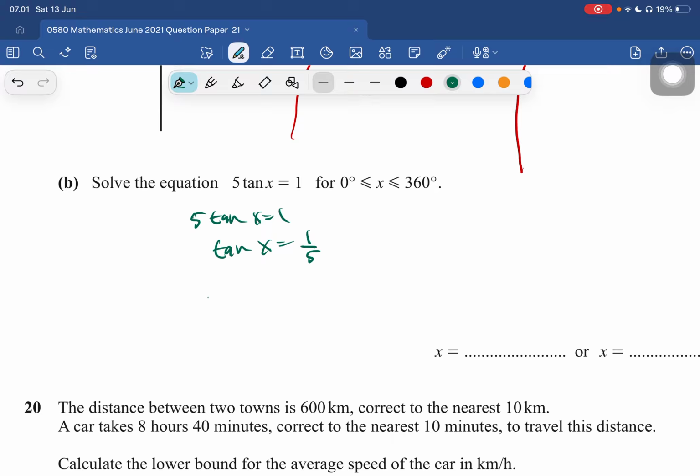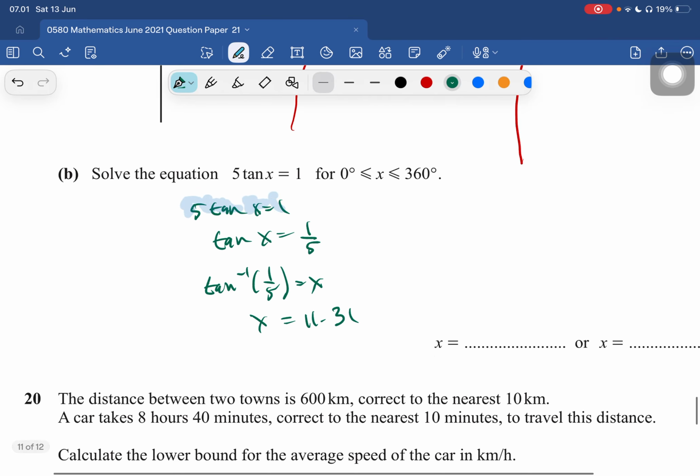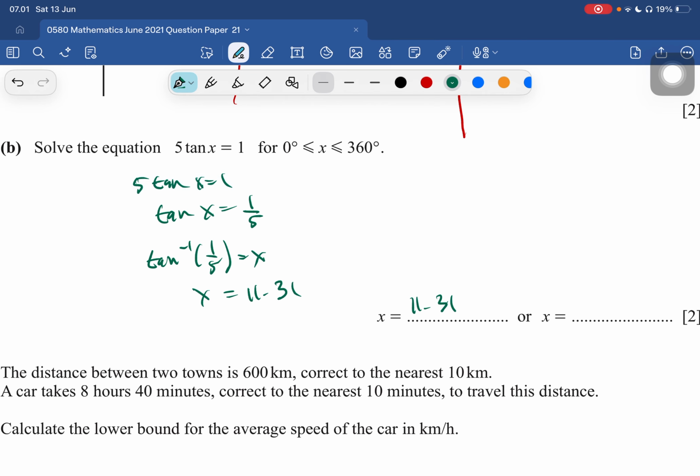Okay, so tan inverse of 1 over 5 equal to x. So first we got x equal to 11.31. So 11.31 for tan.